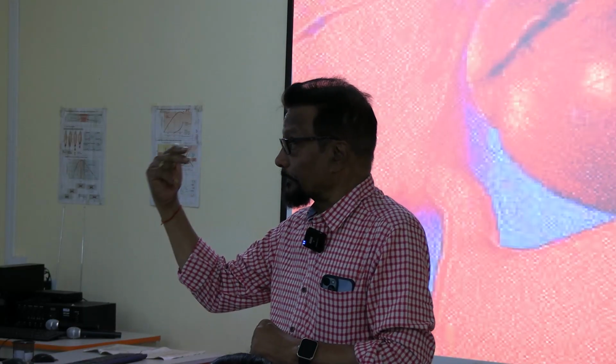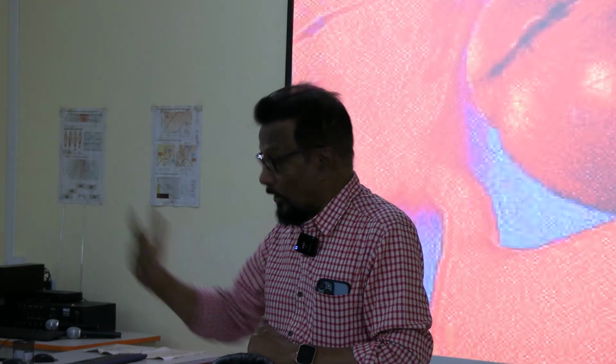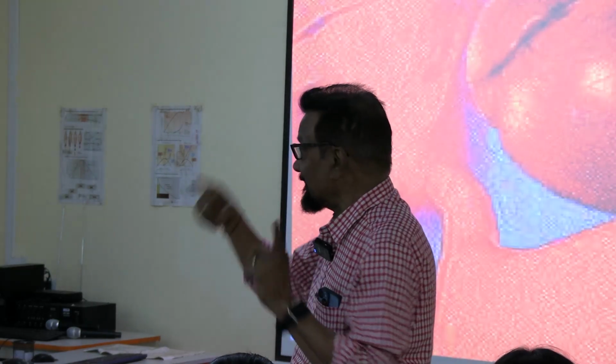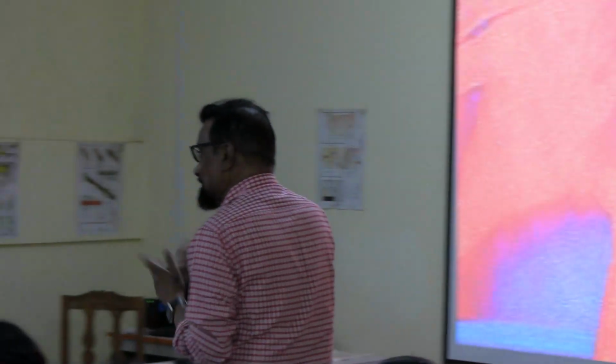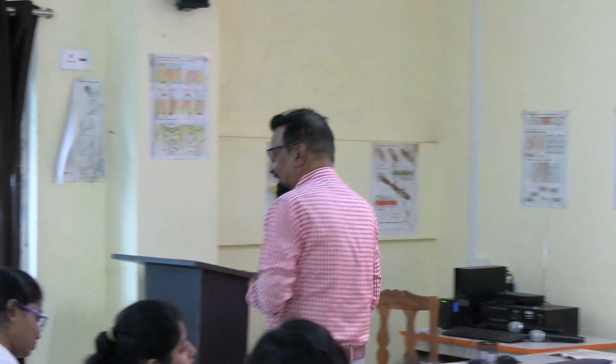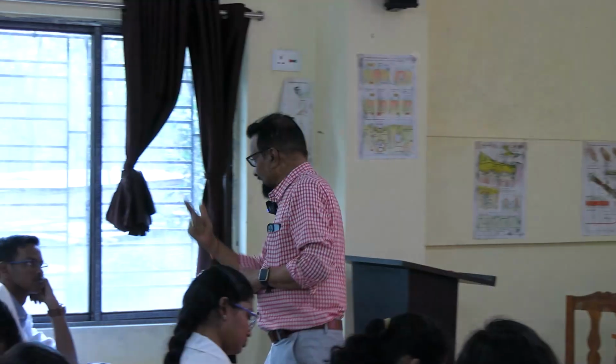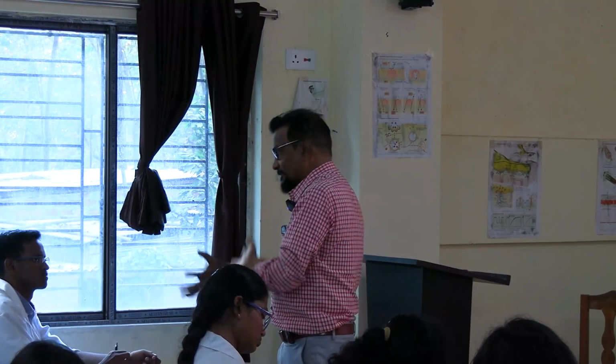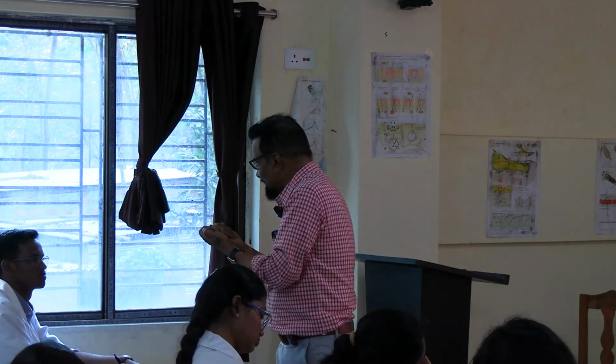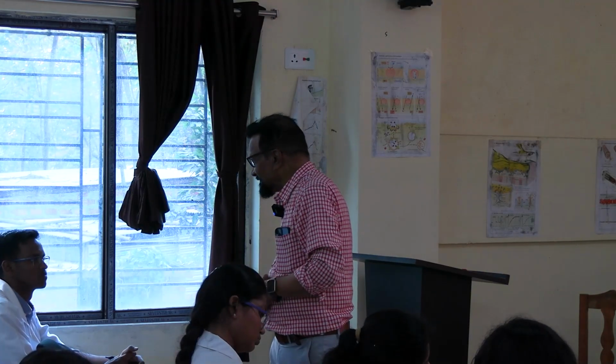Bundle branch block or bifascicular block means the conduction system is not working. As a result, the area it supplies will not get stimulation and will not be contracting. So there may be a problem.